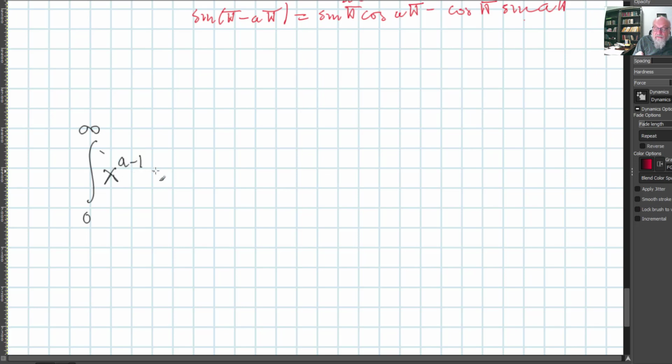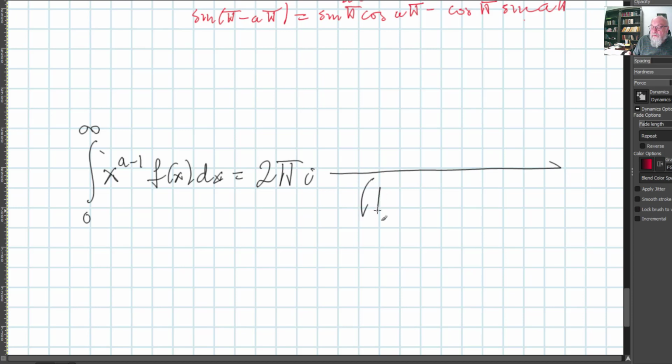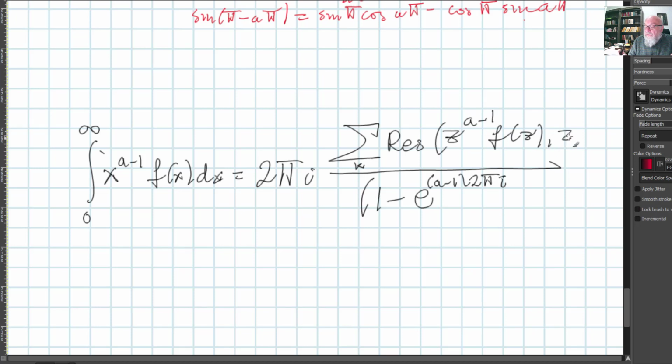So this is the integral of x to the a minus 1 times f of x dx, which is equal to pi i over 1 minus e to the a minus 1 times 2 pi i, times the sum of the residues of the function z to the a minus 1 times f of z at the points zk, all singular points.